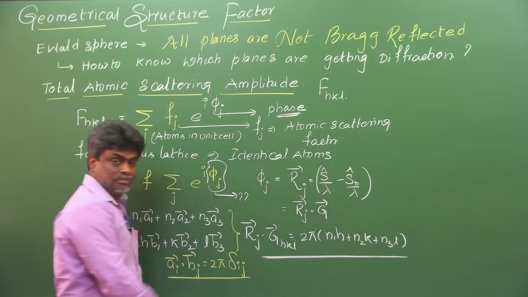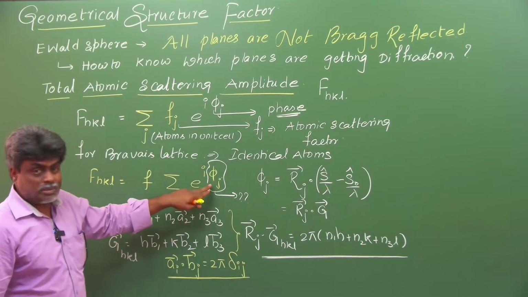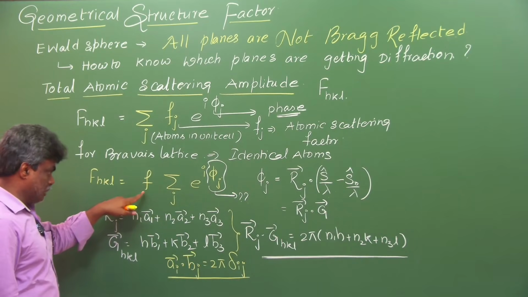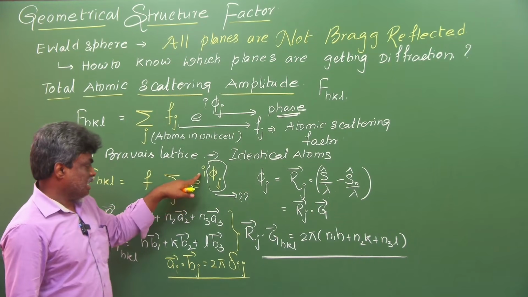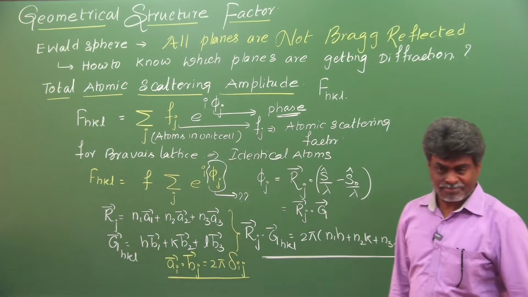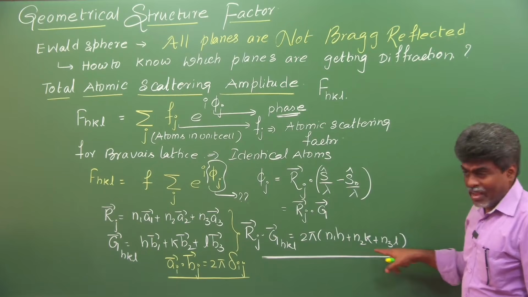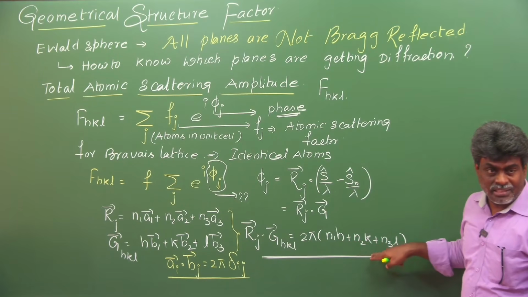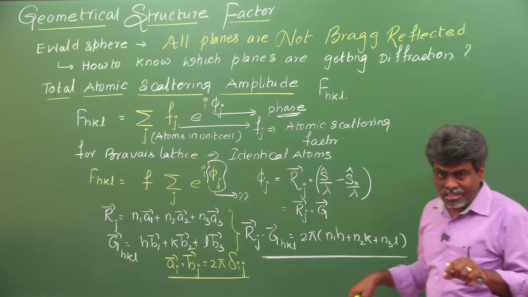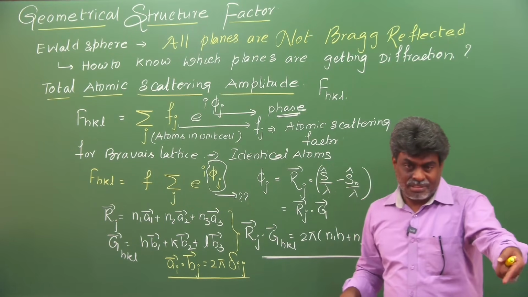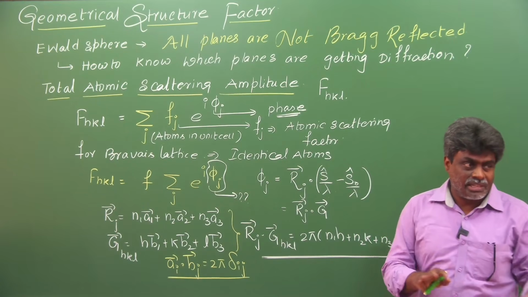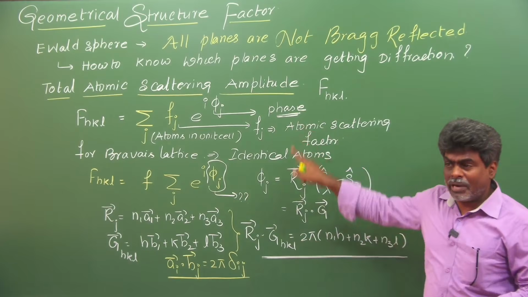Say yes or no? Now I can take this and substitute here. So finally, F HKL equals F summation over j e raised to... if you observe carefully, here we have two things. One is n1, n2, n3, which is the direct lattice atom location, and HKL are the planes you are talking about. Which planes are getting diffracted and which planes are not getting diffracted will be studied from this relation. Everybody understand?